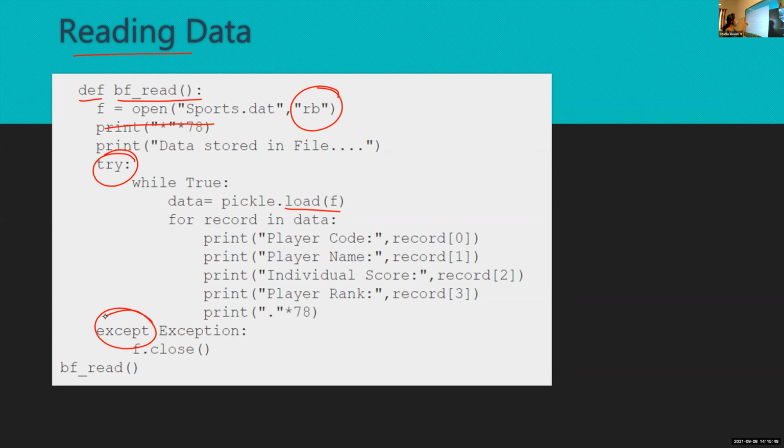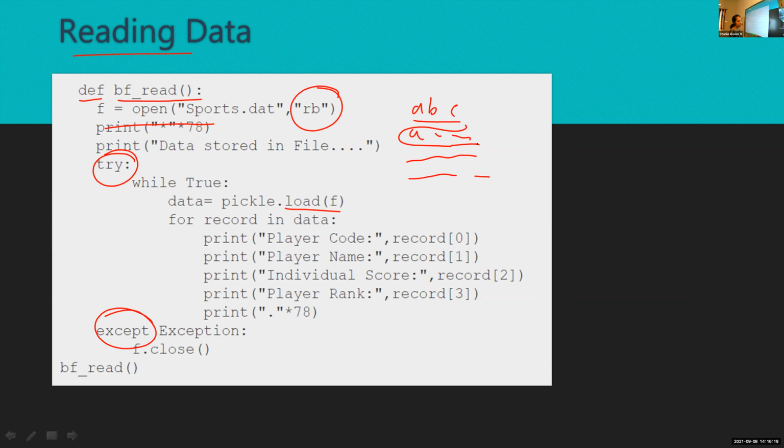After reading each and every line, it will check if the file pointer is at the end of that file. Like in a book, these statements are there. After reading this line, it will check if it is the end. It is not the end, then it will continue reading. Then again it will check if it is the end.